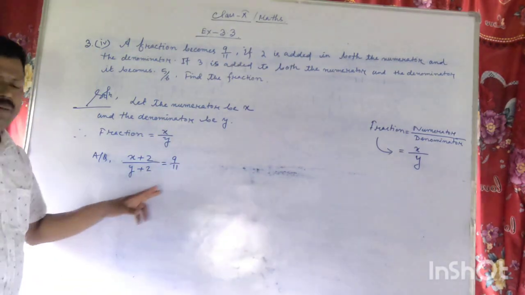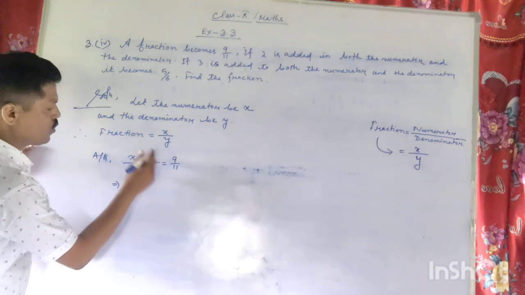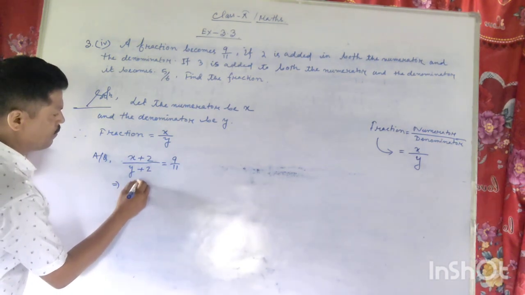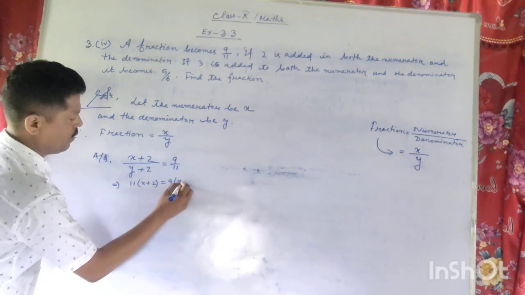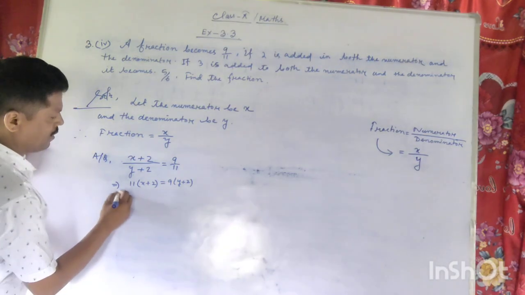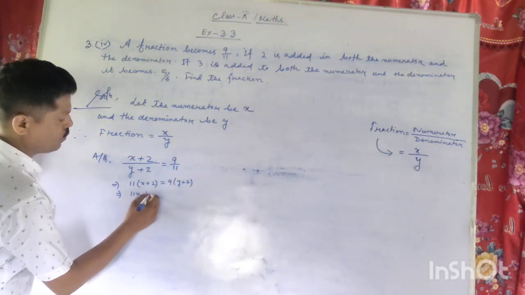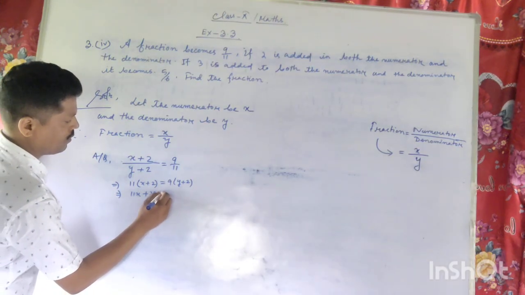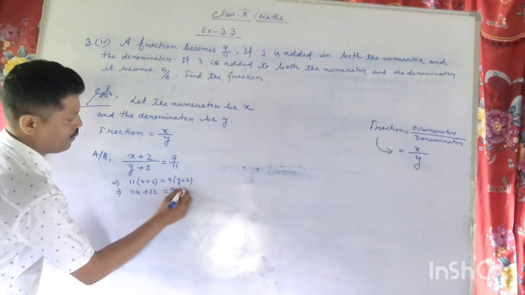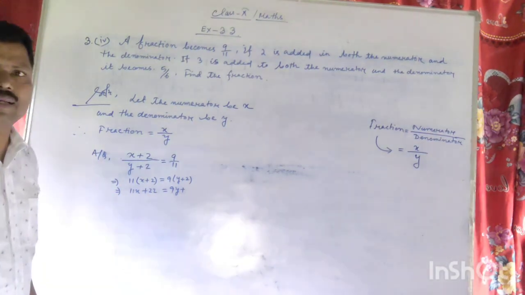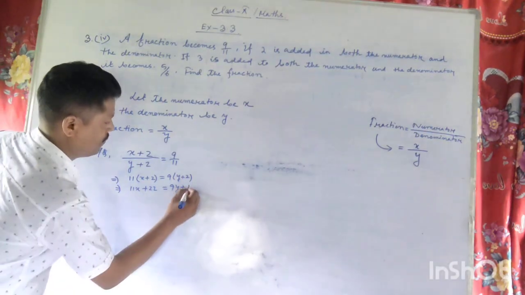Cross multiply. So 11 multiplied with x plus 2 and 9 multiplied with y plus 2. So 11 into x is 11x, plus 11 into 2, that is 22, is equal to 9 into y, that is 9y, plus 9 into 2, that is 18.